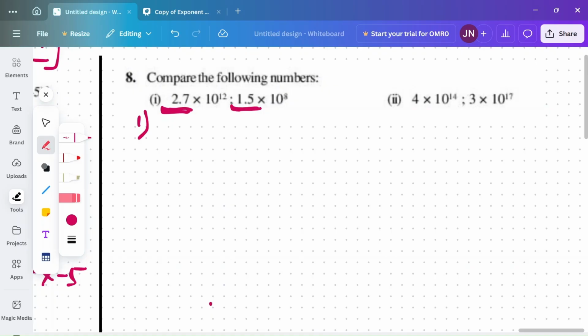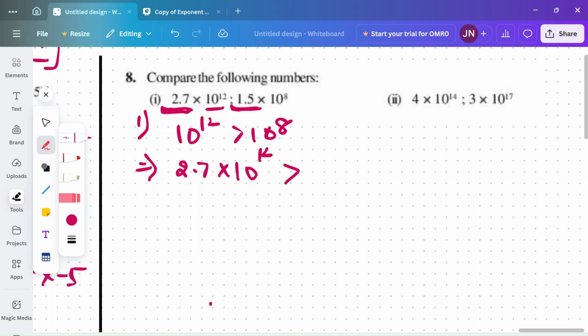So we take 10 raised to the power 12 and 10 raised to the power 8. Let's write them down. Which one is greater? 10 raised to the power 12 is greater than 10 raised to the power 8. So we directly infer from here that 2.7 times 10 raised to the power 12 is greater than 1.5 times 10 raised to the power 8.